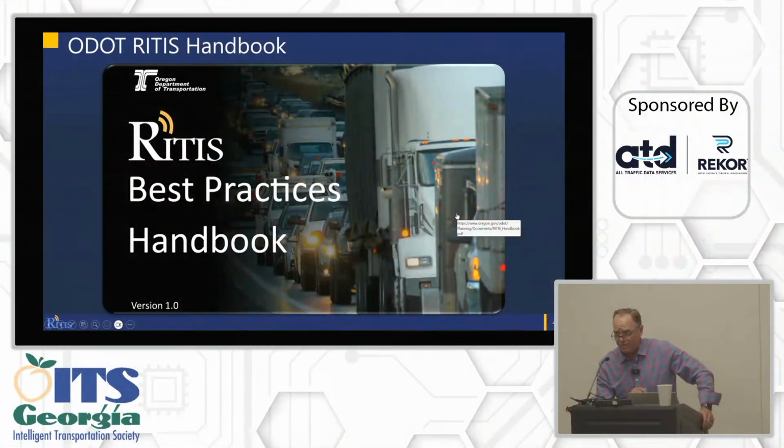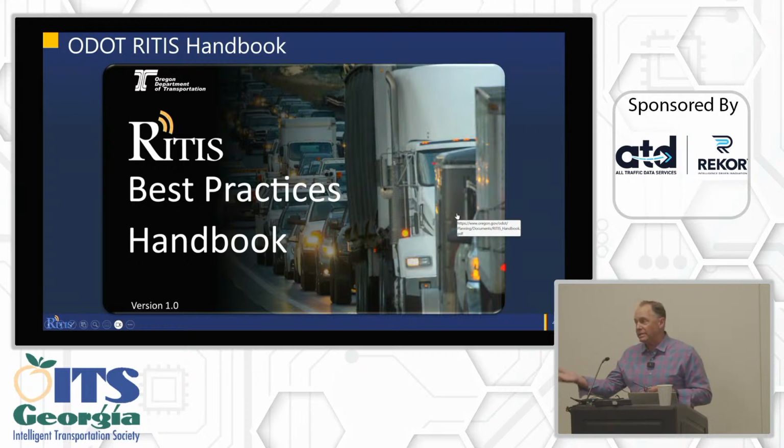It's probably one of the best pieces of documentation that the CATT Lab has, and we didn't produce it. It's the beauty of the user community. Oregon DOT put this together, and then we just sanitized it to be generic, so that all of you have it.